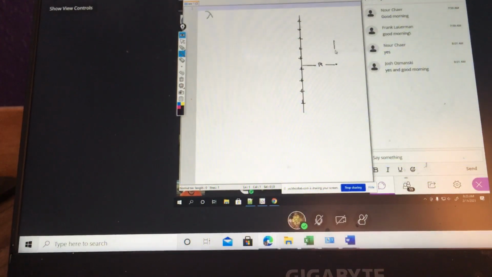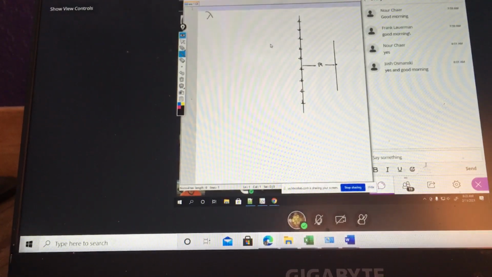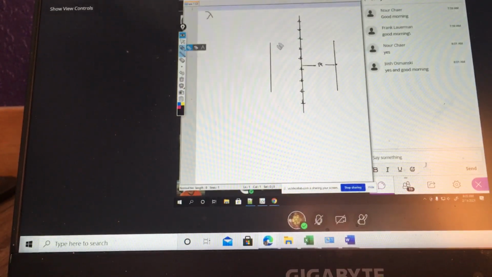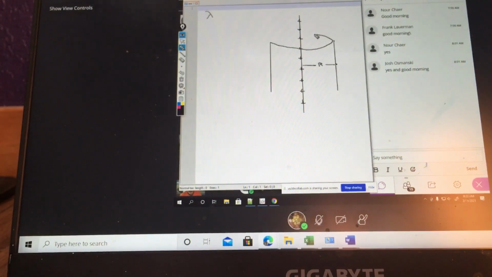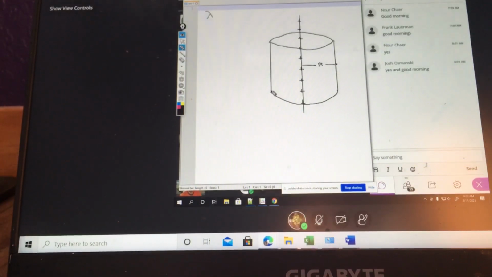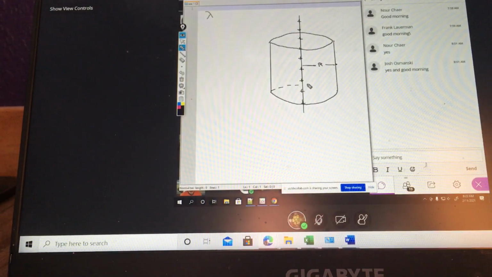Construct a cylinder of radius r. Construct a cylindrical surface of radius r with its axis being on the wire.